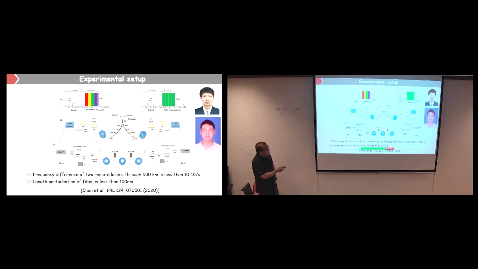Then the laser goes through the fiber. For example, this is a 500 kilometer experiment, and we use some bidirectional EDFA. One laser goes this way, the other laser goes that way, and the two lasers interfere here.